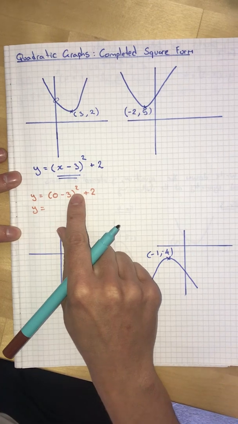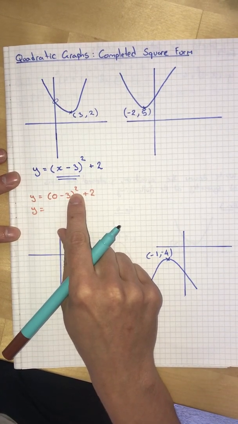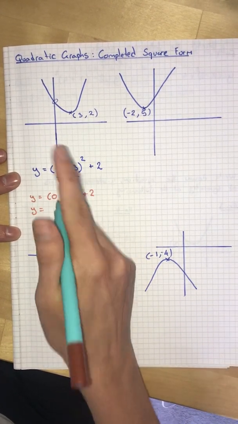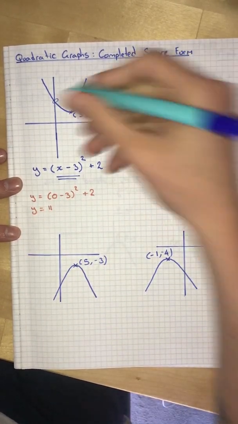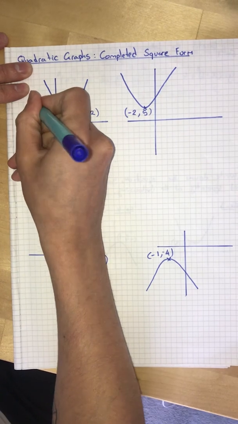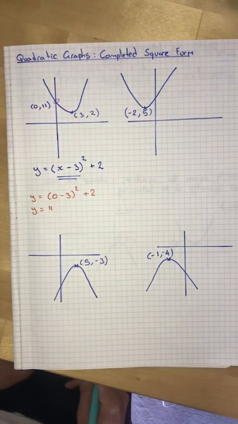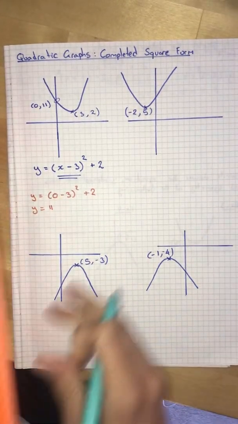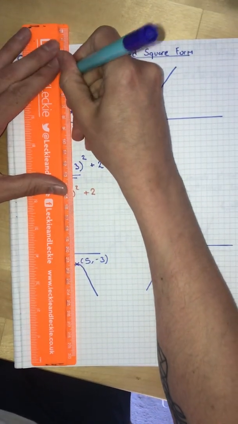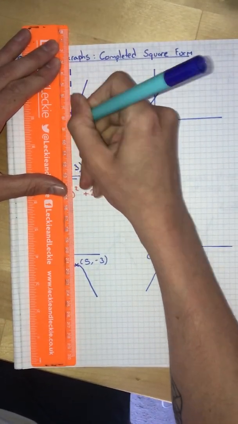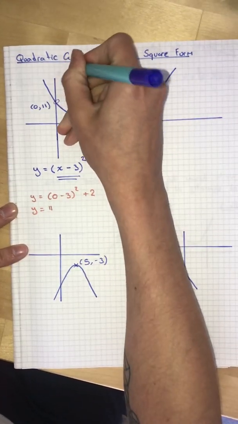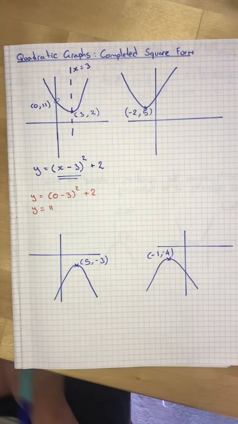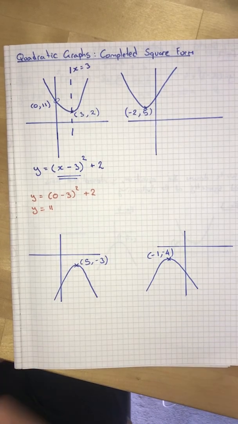Square that means you do -3 times -3, which is 9, plus 2 is 11. And so the y-intercept is 0, 11. And then the last thing would be the axis of symmetry, which is if the x coordinate of the turning point is 3, x equals 3.